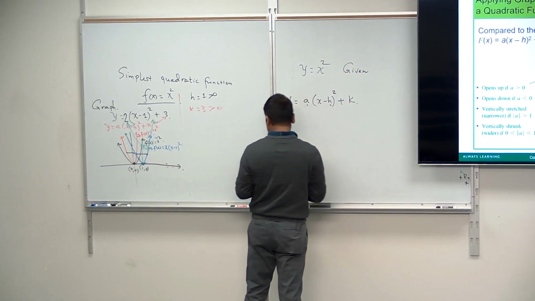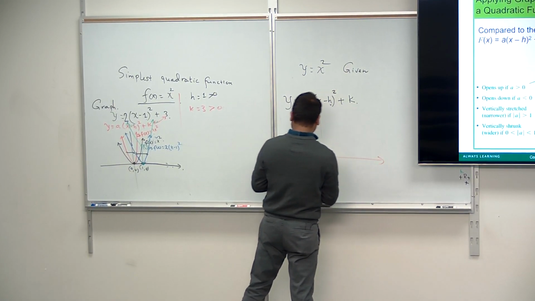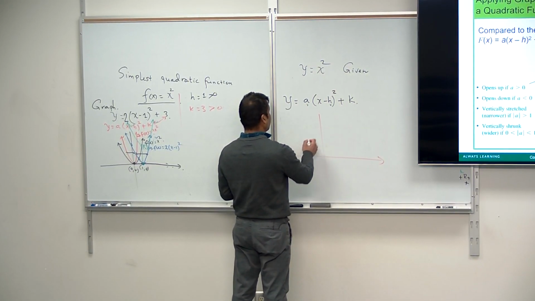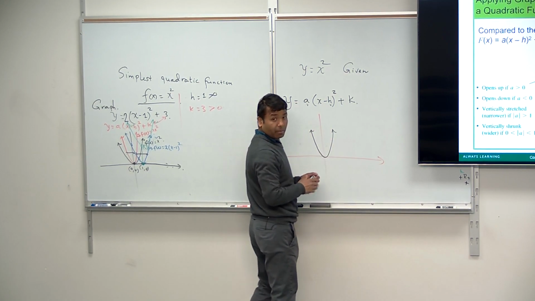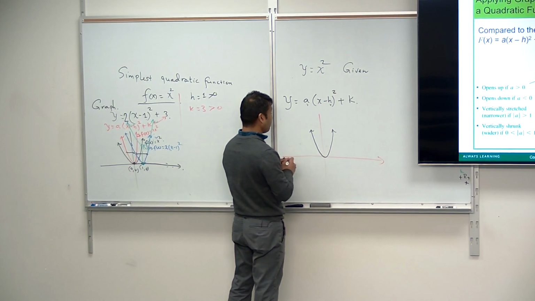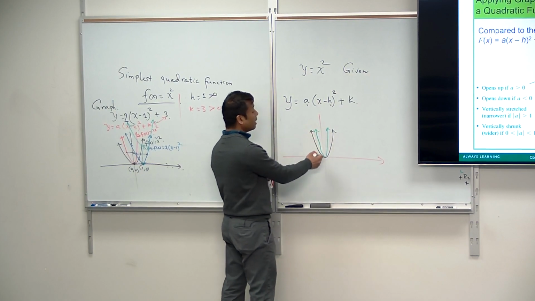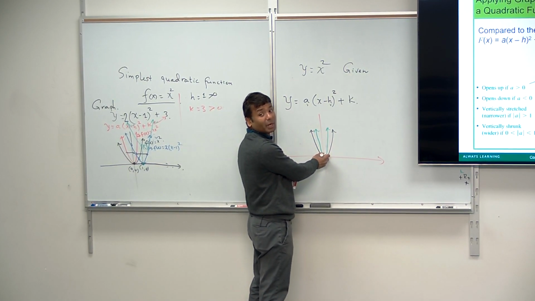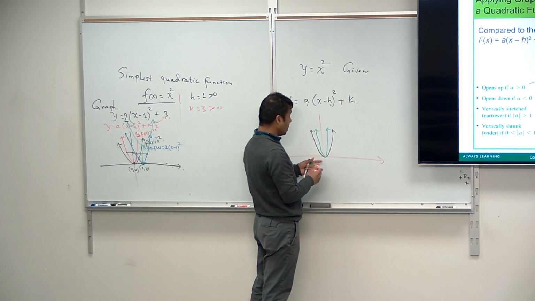So what I did here is you have an original graph of f(x) equal to x squared, something like this. It has been stretched vertically by a factor of 2, so that it looks like this, right? And then you shifted this 1 unit to the right.